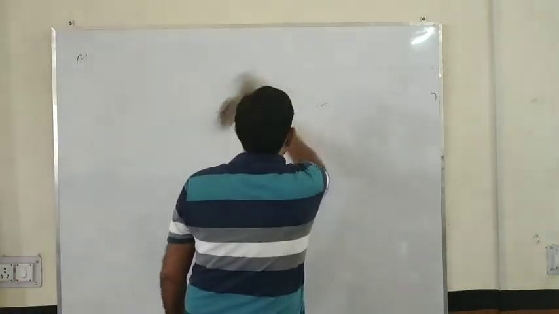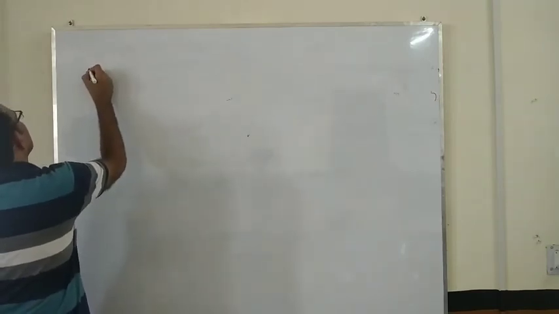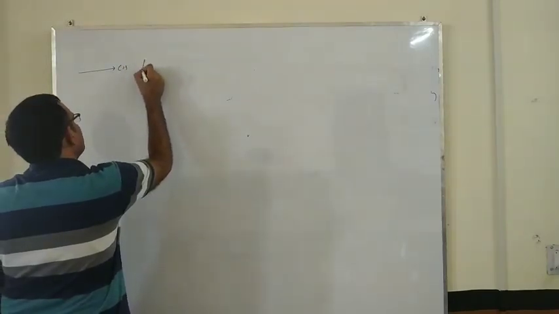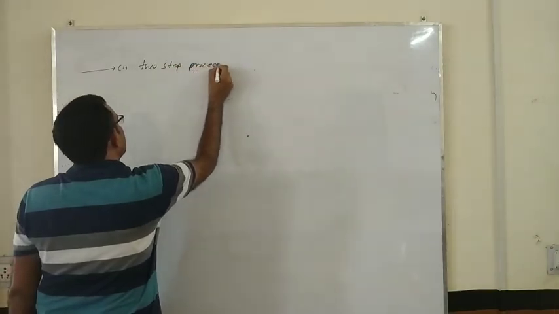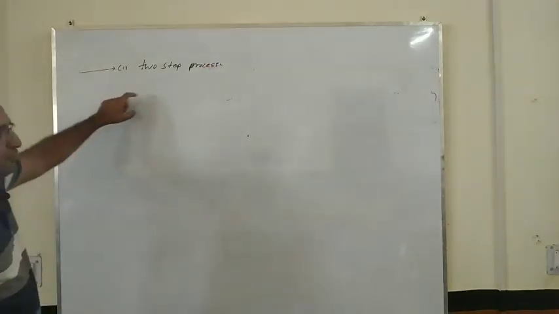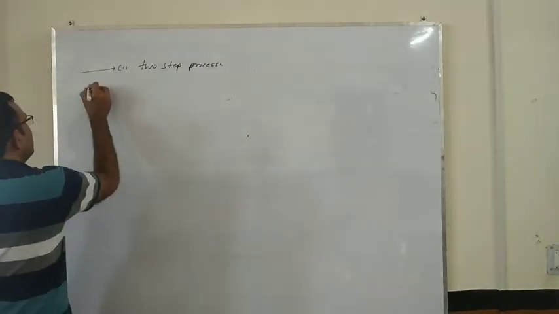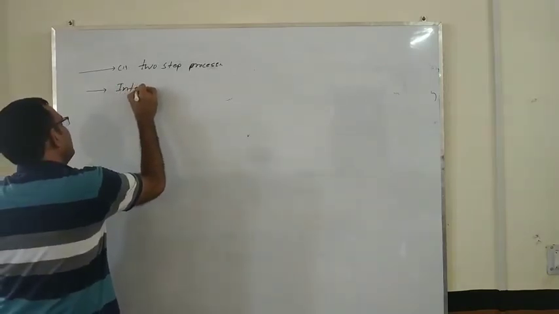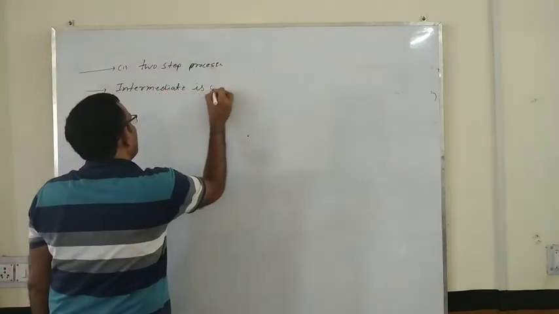One characteristic of SN1 reaction is that this reaction is a two-step process, in which one step is formation of carbocation and another is attack of the nucleophile. Second, the intermediate is carbocation in the reaction.